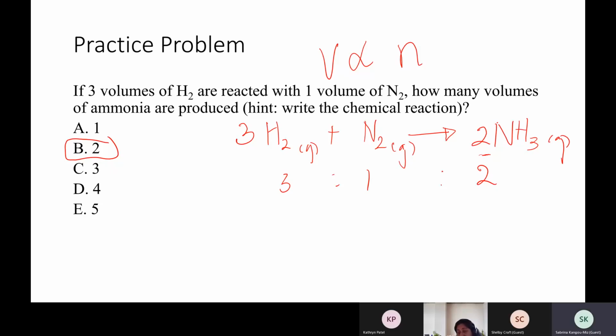In order to get the correct coefficient for ammonia, I had to balance the chemical equation. Always, before you do any calculation, please check whether you have the balanced chemical equation. That's a good point. Right, I'll move to the next one then.